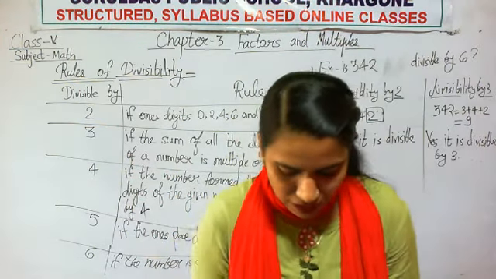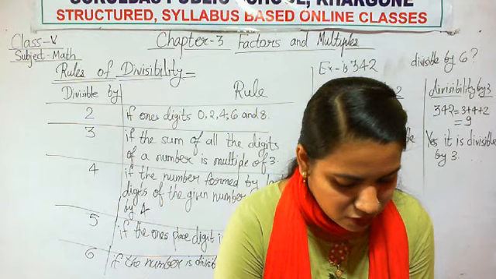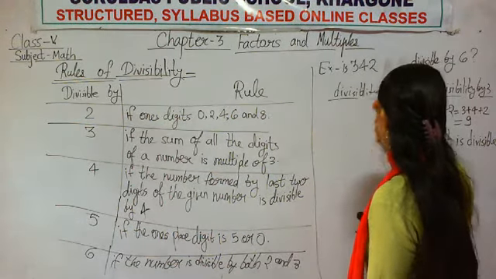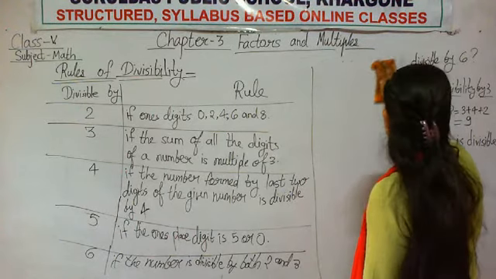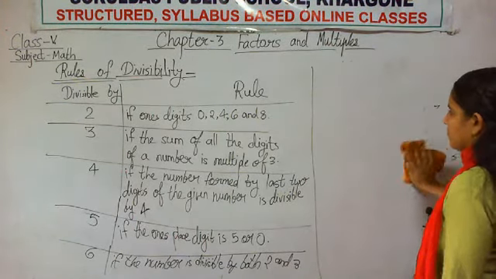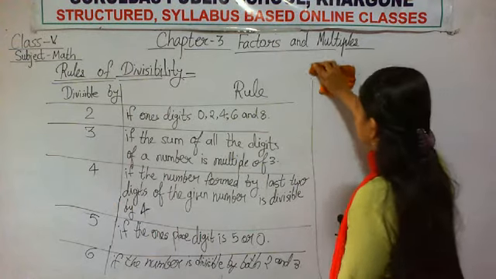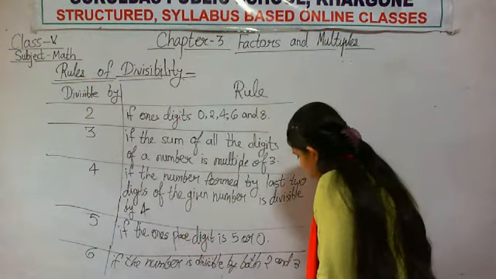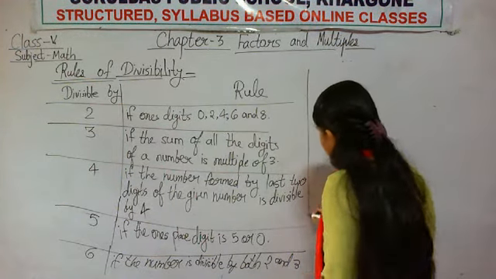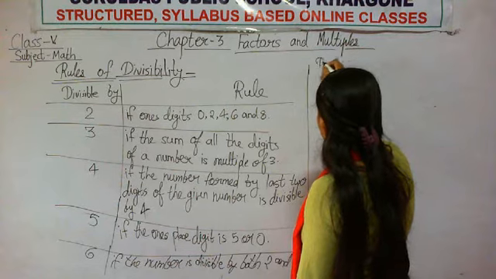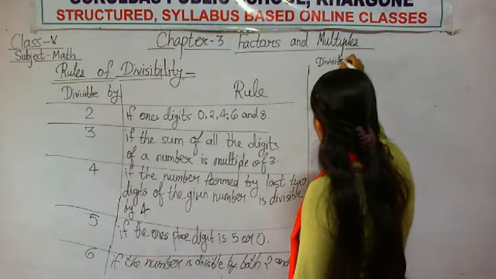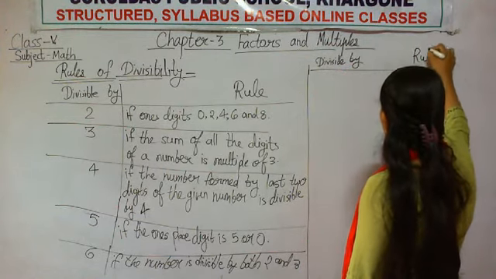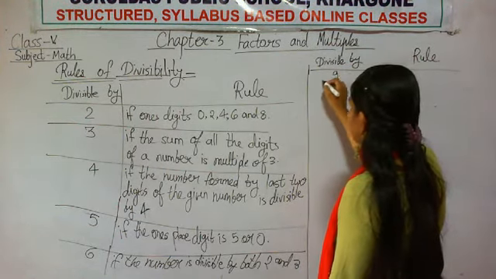Okay, now let us write the rule for divisibility by 9. Here I will write the rule. Our next digit is 9.